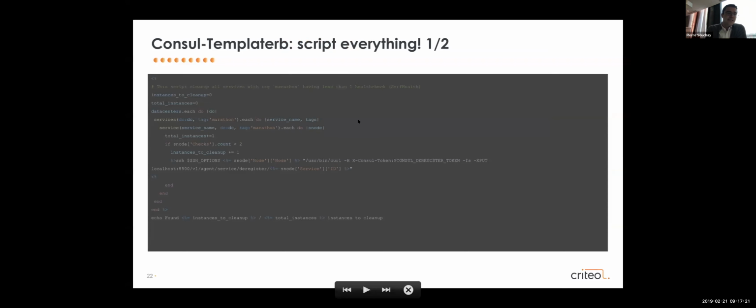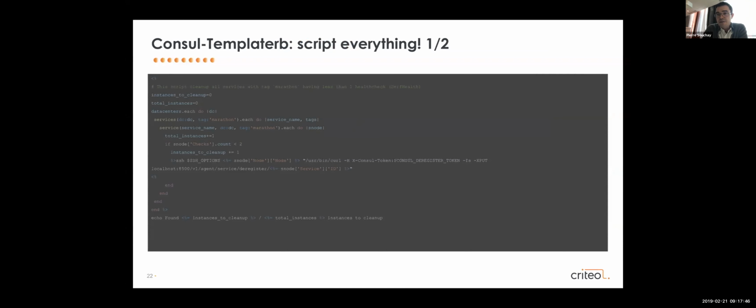So here is a small example of what we are doing as well. Based on the same system, Consul-Templaterb, I'll give you the link at the end. We are able, very quickly and in a few lines of Ruby, to perform a full introspection of our Consul cluster and to look at all the nodes having a given tag, given status or whatever. So it's very easy to script.